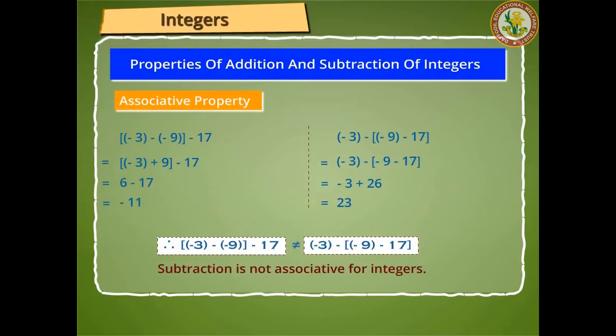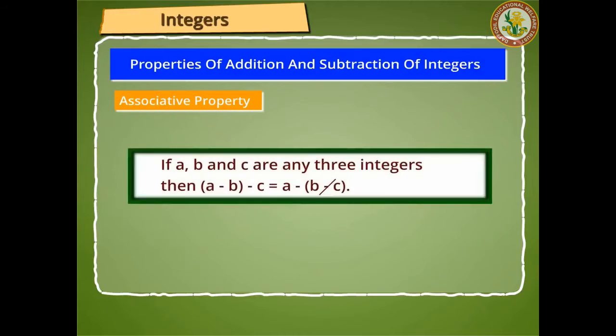Hence, if a, b and c are any three integers, then a minus (b minus c) is not equal to (a minus b) minus c.